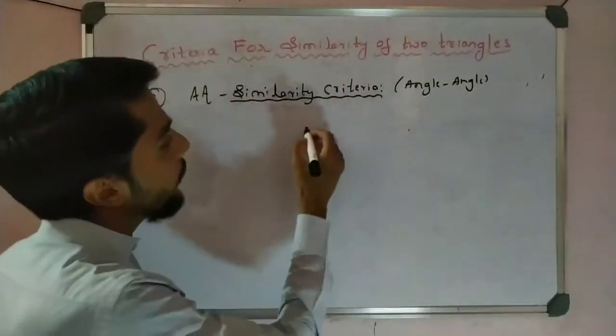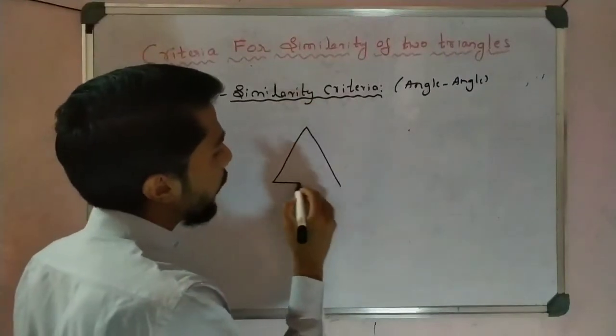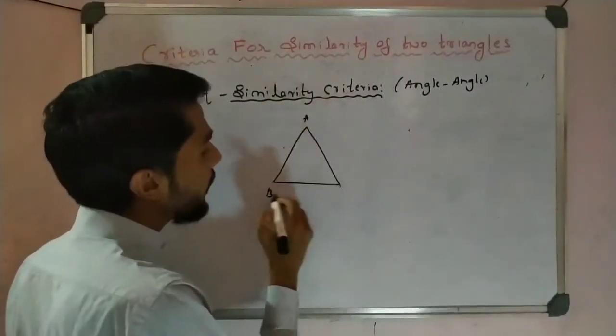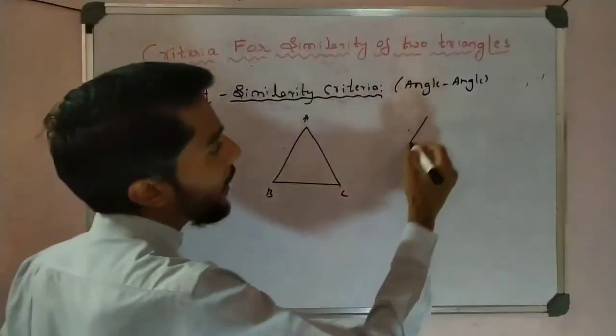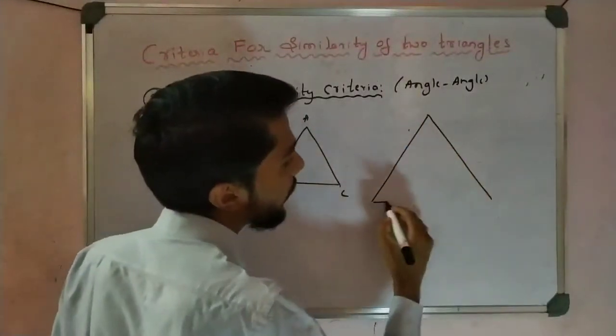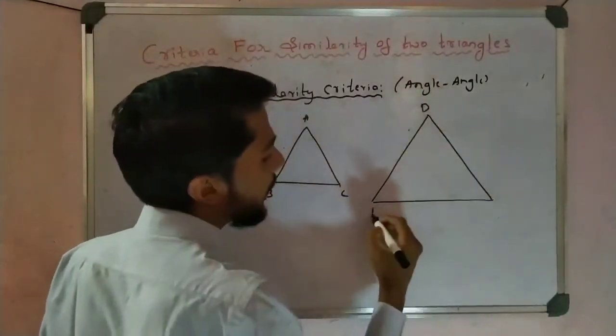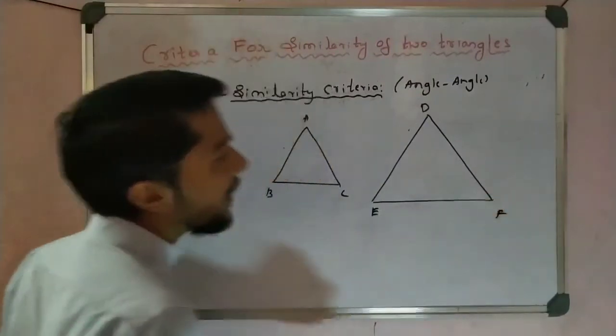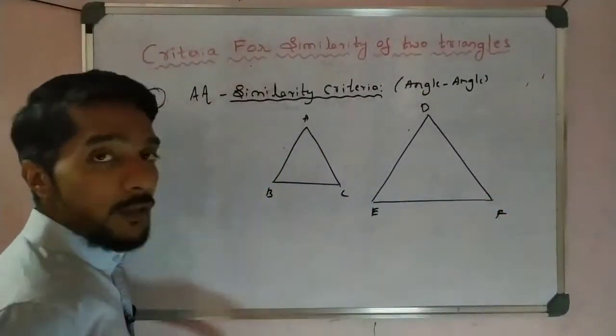Same concept: ABC is one triangle, and the next one, DEF, is another triangle. Then any two corresponding angles are equal.